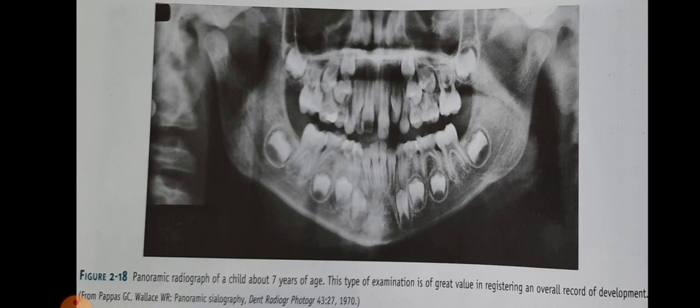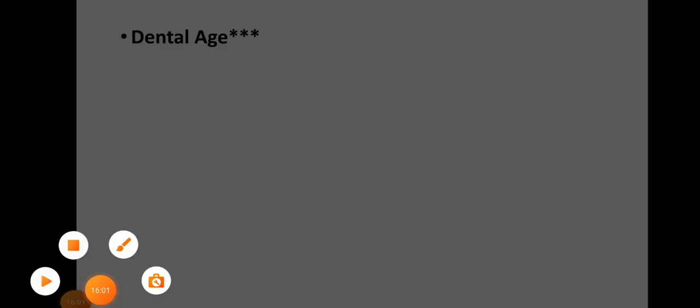You can see the OPG, which is showing the eruption of all the permanent first molars and the erupted mandibular permanent central and lateral incisors, and the maxillary central and lateral incisors, but not always.